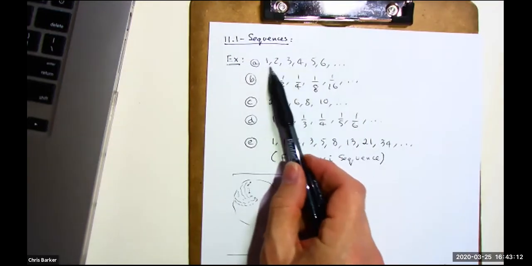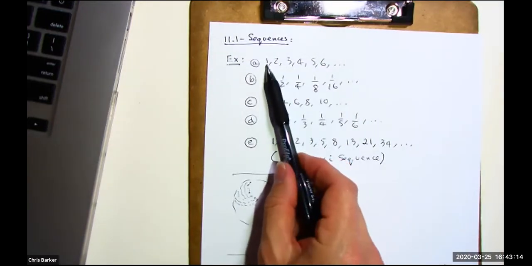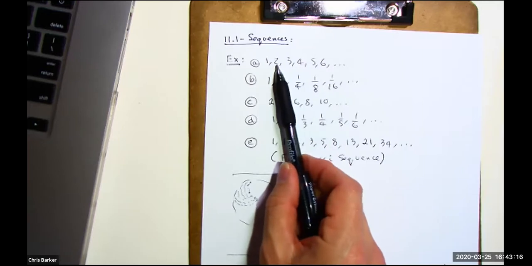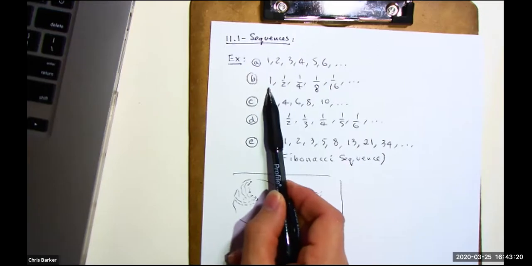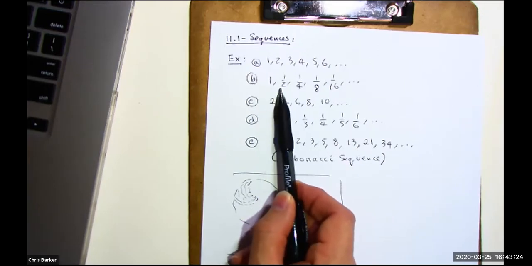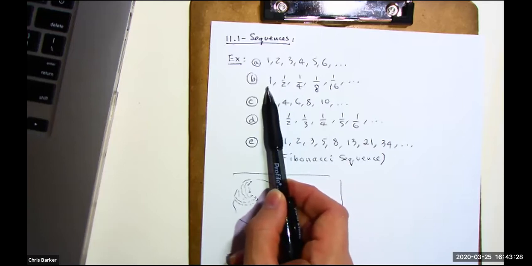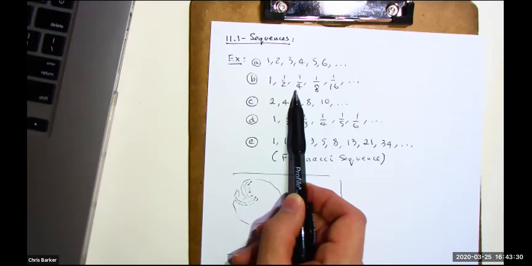It is its own domain, right? Plug in 1, get out 1. Plug in 2, you get 2 as the answer. Plug in 3, you get 3 as the answer, etc. But here, in the next example, plug in 1, the output is 1. Plug in 2, the output is 1/2. Plug in 3, the output is 1/4, etc.